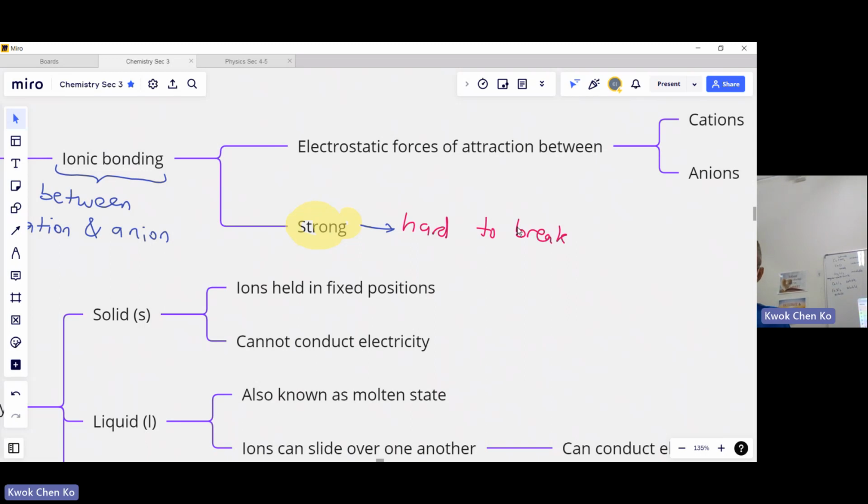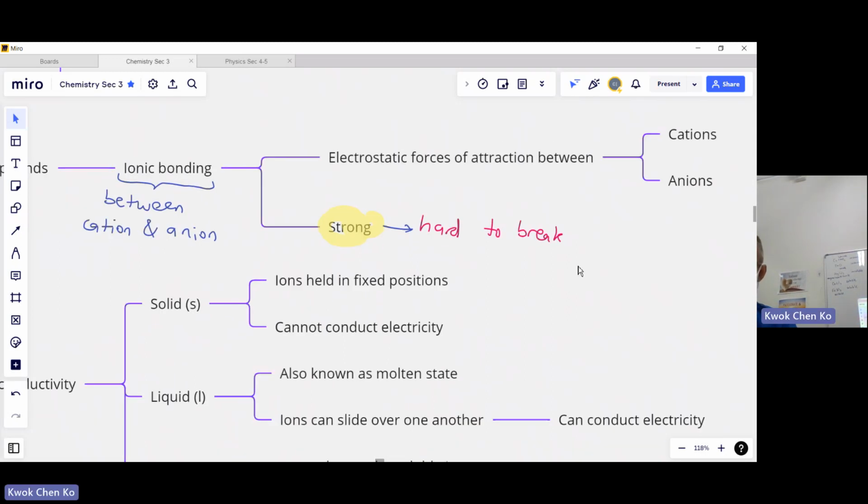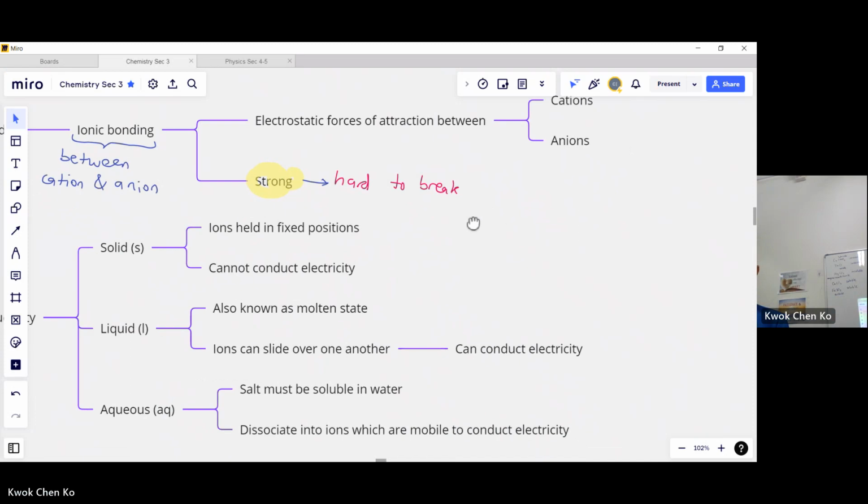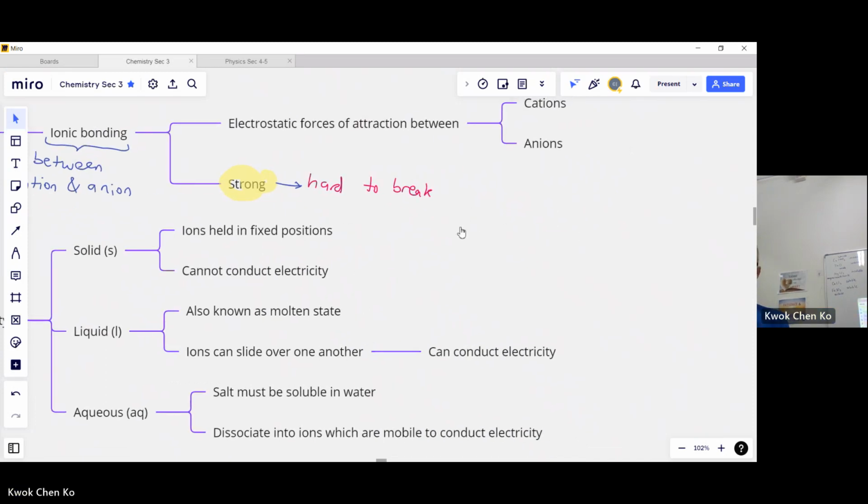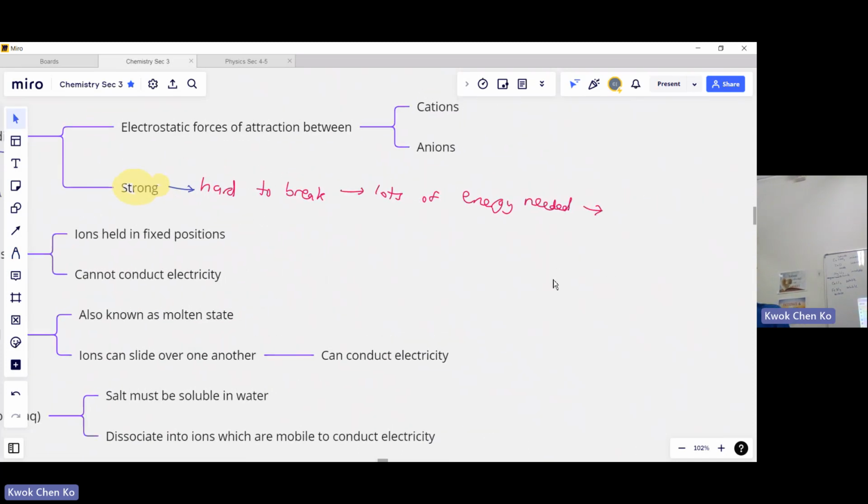Okay, so what? You need lots of energy. But so what? So what? And the last part, they always want to see this. That means they have high MP and BP.